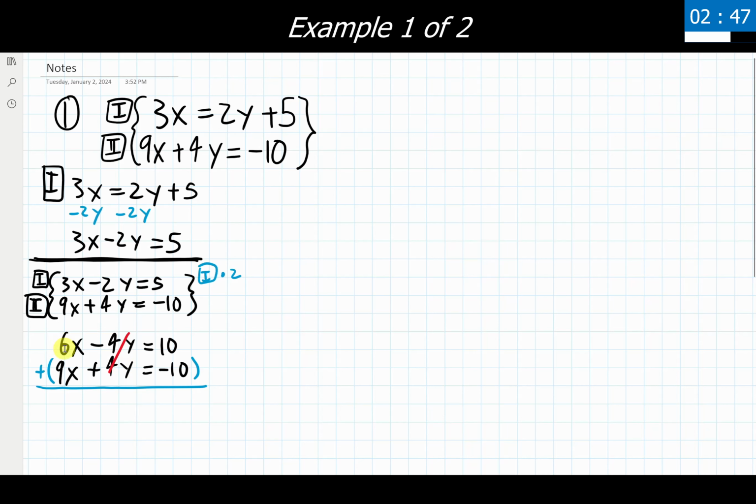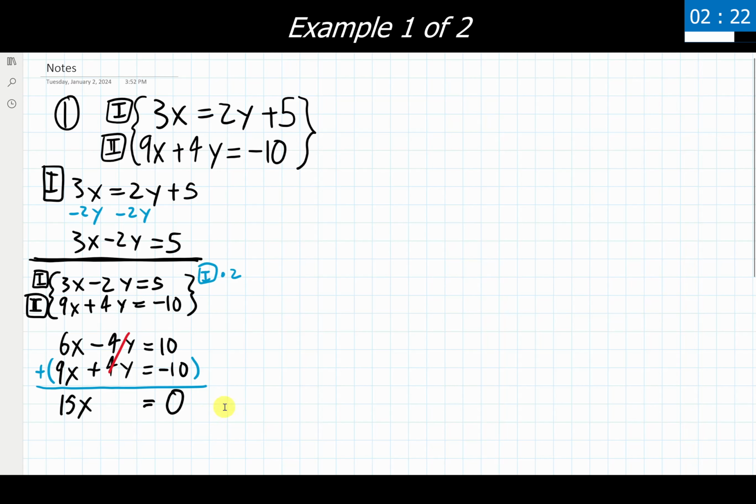What's going to happen with my x's? 6 plus 9 is going to give me 15x. I'm going to bring down the equal sign just like it was. And then 10 minus 10, or 10 plus negative 10, you can think of it that way also. Those combine and are going to be 0. Now there's nothing wrong with having 0 show up in these problems.